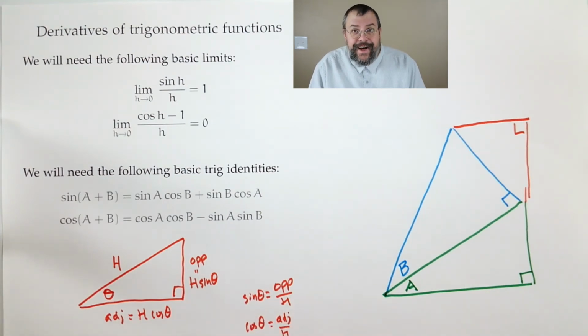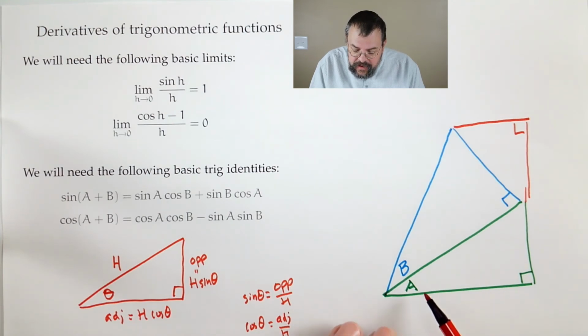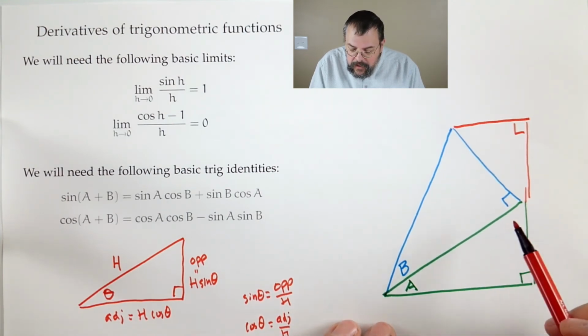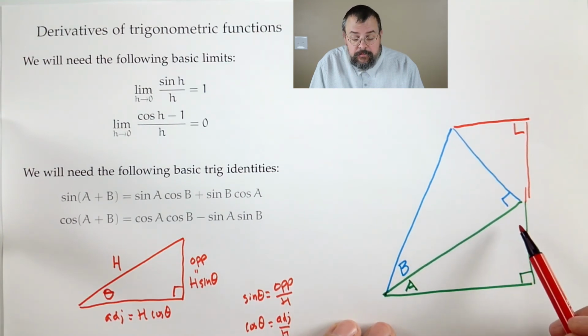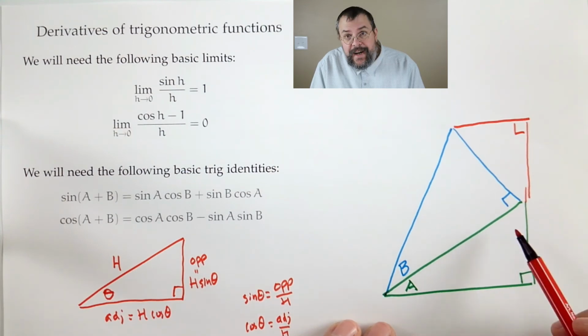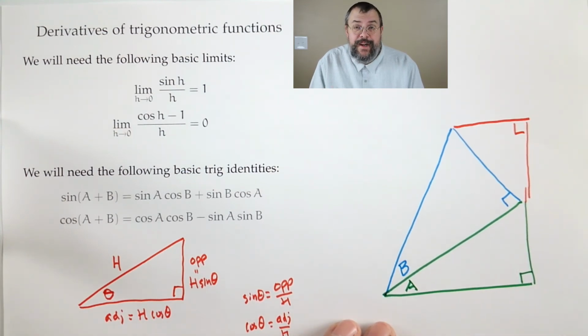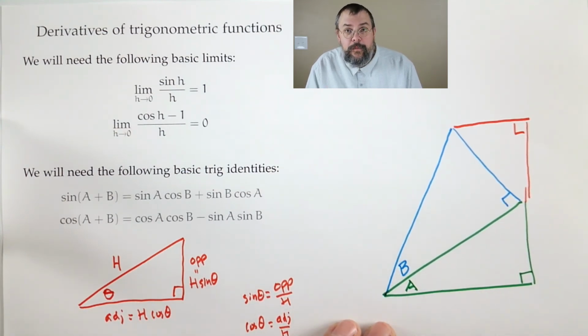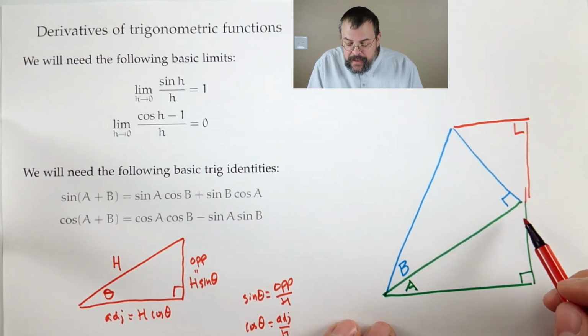Now, let's make a note of a couple things. If this angle is A, this angle is the complementary angle to A, like 90 degrees minus A or pi half minus A, depending upon what kind of angle measurement you're using.